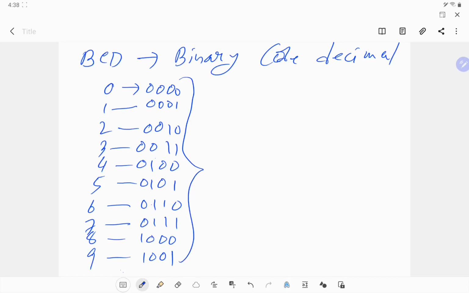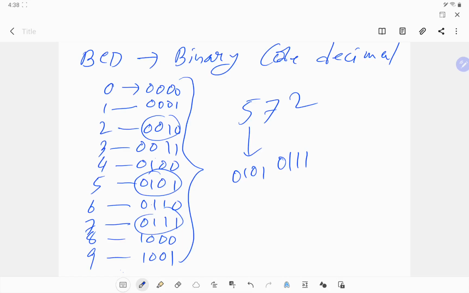So we do this representation, then we can write any numbers like 5, 7 in this form. What is 5? 5 means 0 1 0 1. And 7 means 0 1 1 1. Then 2 means 0 0 1 0.